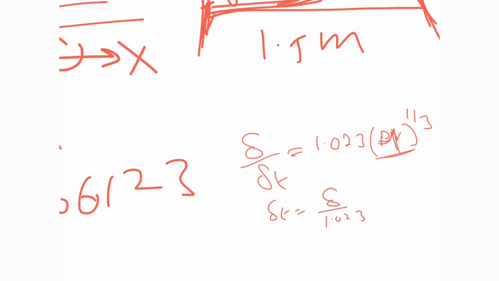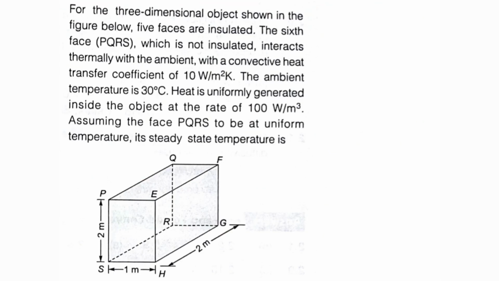Don't worry, in the Medici workbook they have taken this as 1, and if you talk exactly, you have to take 1.023. In the examination a good amount of range will be given, so that both the answers will get within the range. Let us see the next question.